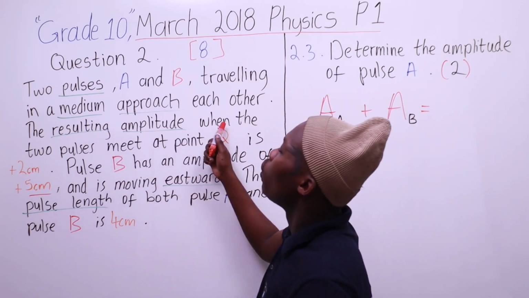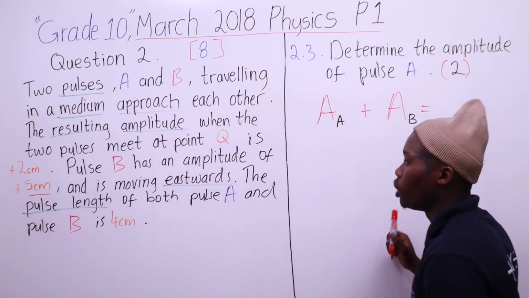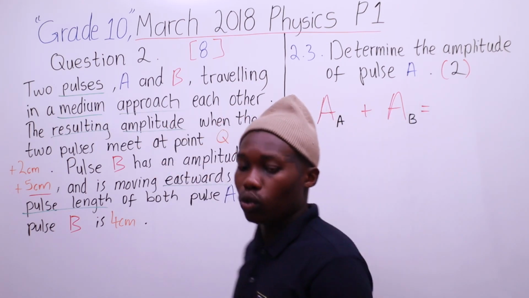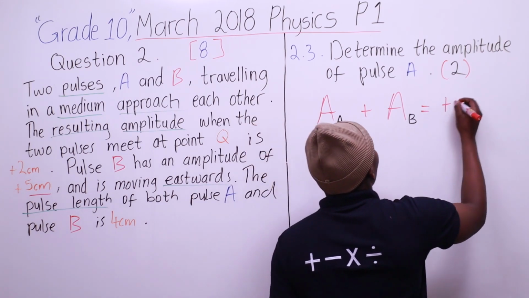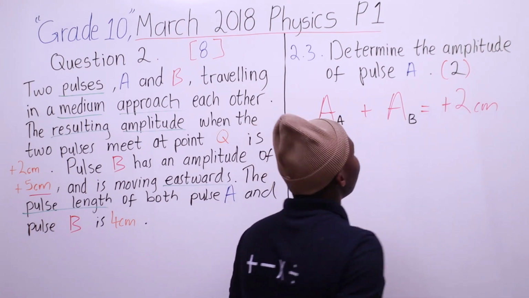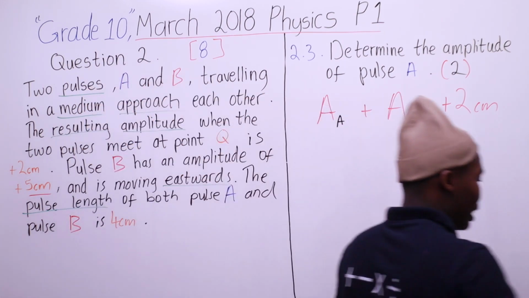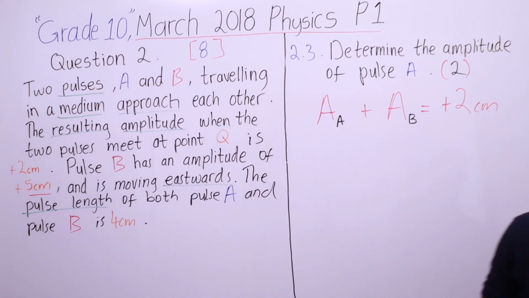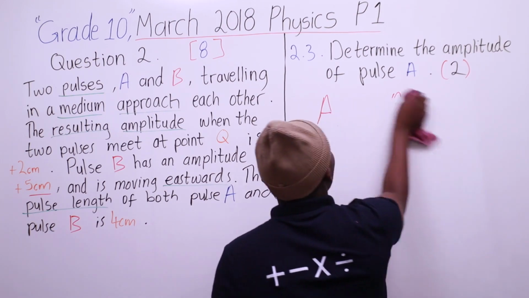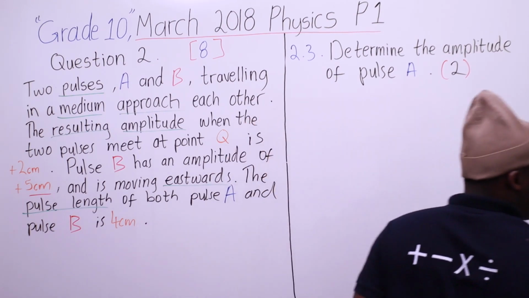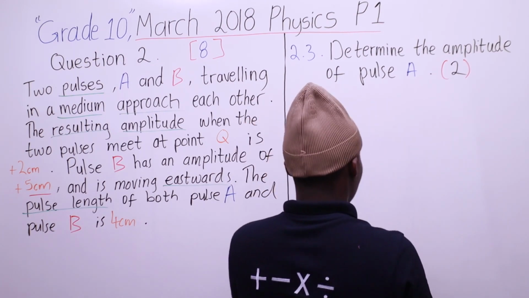resulting amplitude when the two pulses meet at point Q is 2 centimeters. So when they meet we get positive 2 centimeters. But B we know. Yabo, even if we write it like this so that you see it well, because A is the amplitude I mean.